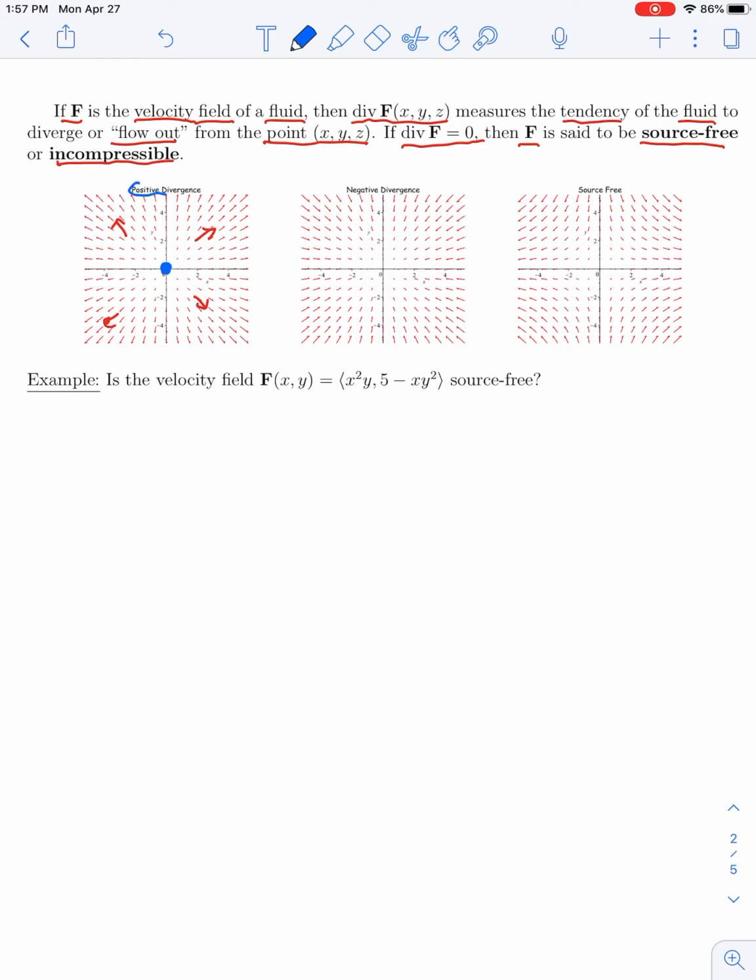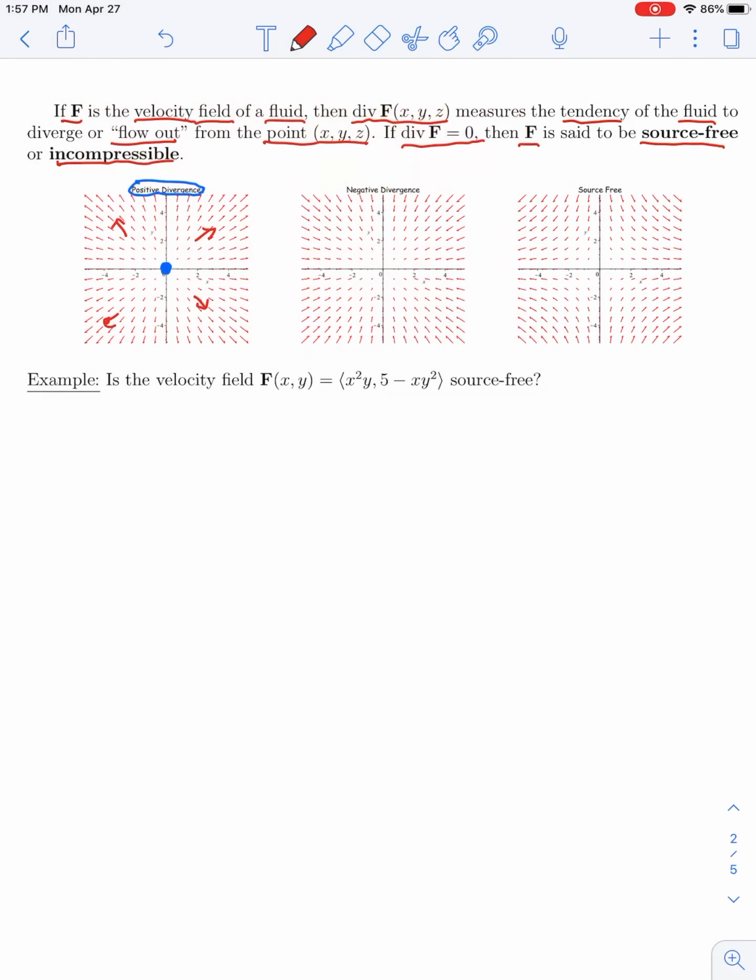So in this case, we would have a positive divergence at the origin. This vector field is flowing outward from the origin, so the divergence would be a measure of that tendency to flow outward.